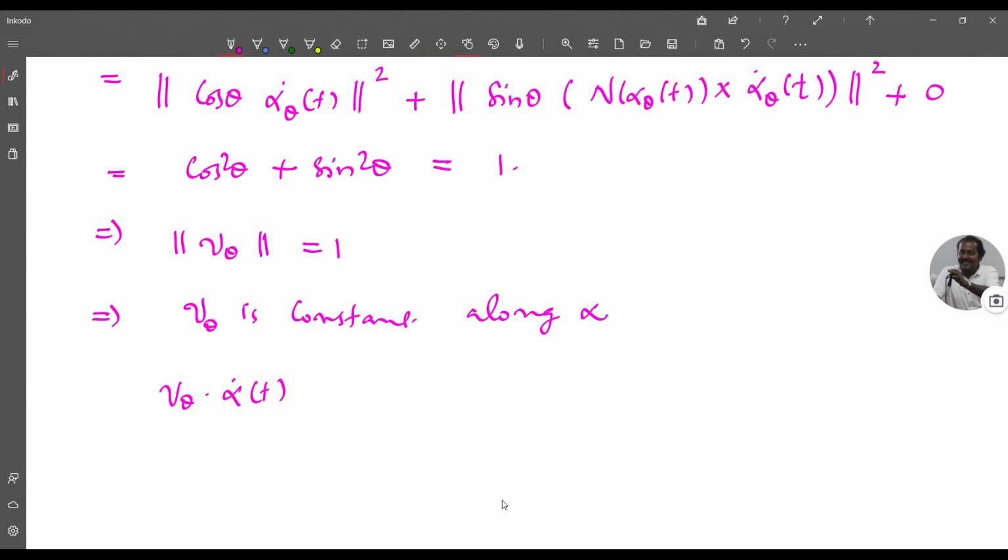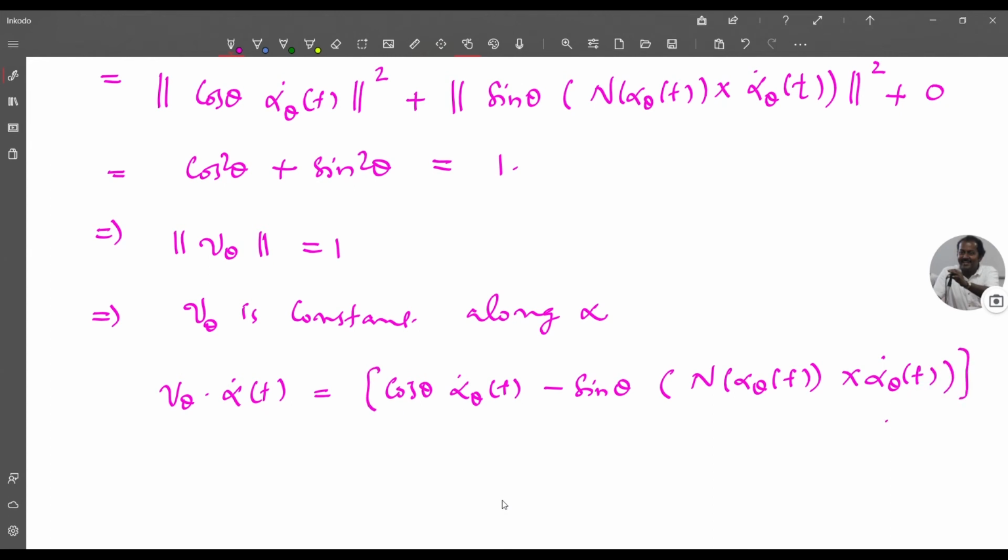So you'll get this as cos theta alpha theta dot of t minus sin theta into n of alpha theta of t cross alpha theta dot of t, that dot alpha theta dot of t, taking this dot product.